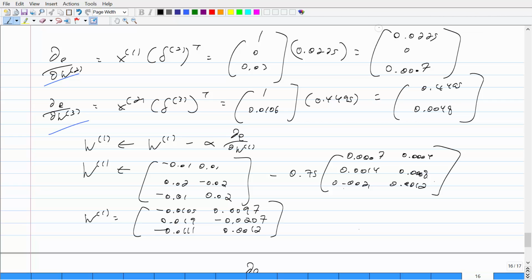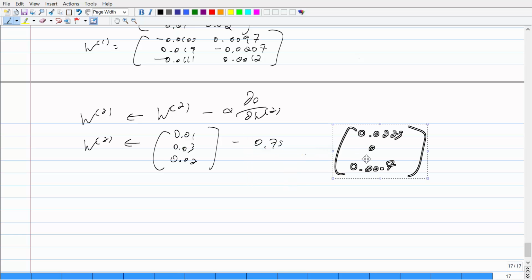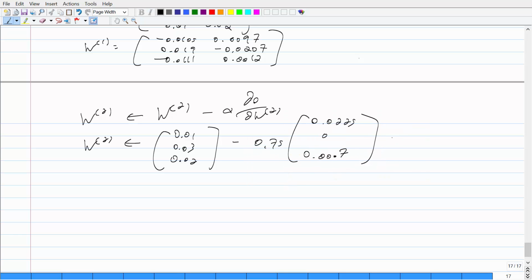It's faster if I just copy. When I compute this, the update here is equal to minus 0.0069 and 0.03, right? It was 0.75 times 0 is nothing, and when you subtract the 0, you just get 0.03. And finally, you get 0.0195.